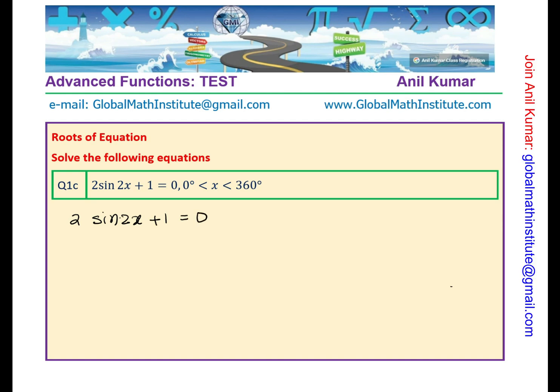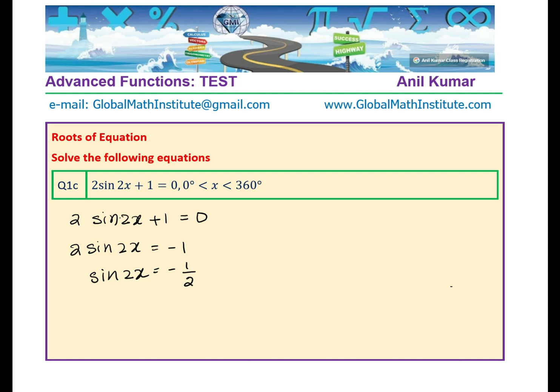Rearrange, so we get 2 sine 2x equals minus 1, so sine 2x equals minus half. Now x, as you see, is within this interval of 0 to 360 degrees. So 2x will be within the domain of 0 to 720 degrees, 2 cycles.